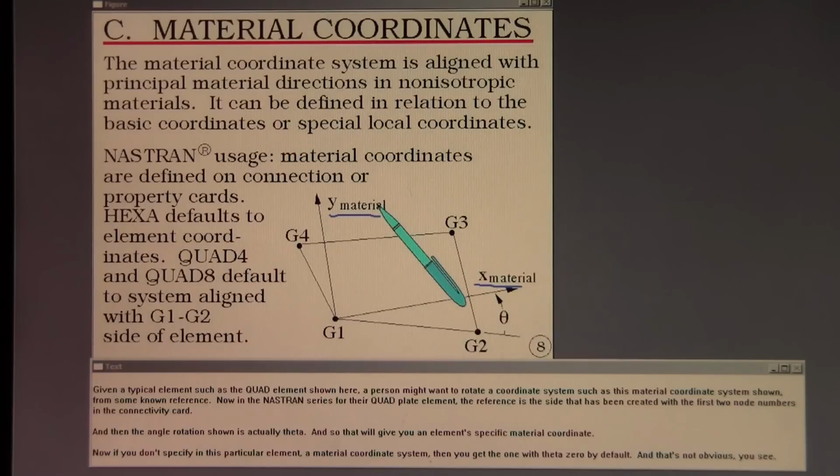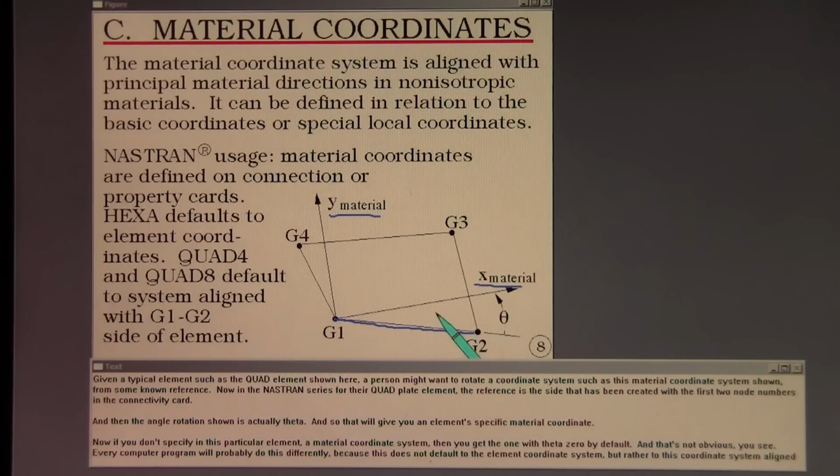Now in the Nastran series for their quad plate element, the reference is the side that has been created with the first two node numbers in the connectivity card. And then the angle of rotation shown is actually theta, and so that will give you an element-specific material coordinate.